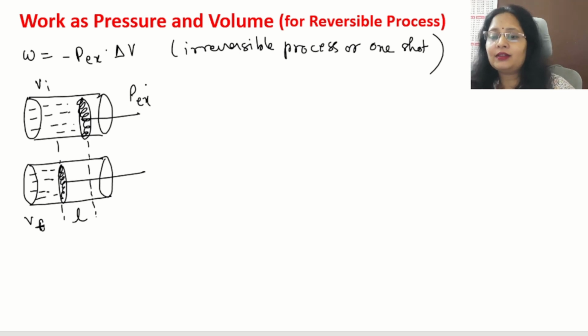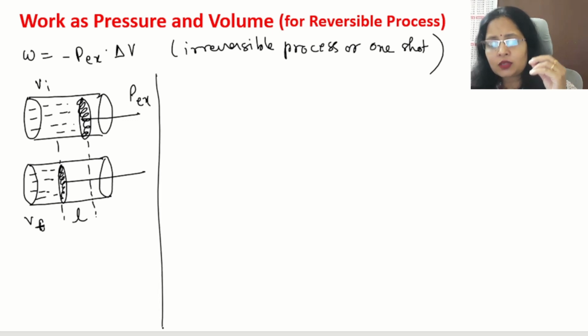But in place of this, what if we are giving small pressure? First we give some pressure, some small work is done, then again we give small pressure, small work is done, again we give small pressure and small work is done. So when the work is done in small discrete steps, then the total work done on the system is the addition of all the small work done.